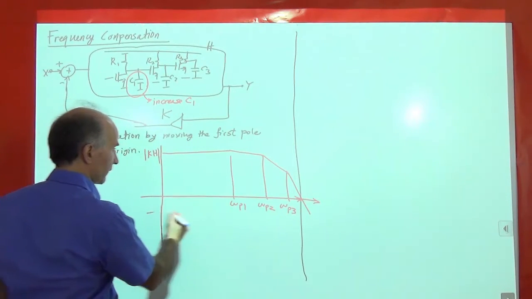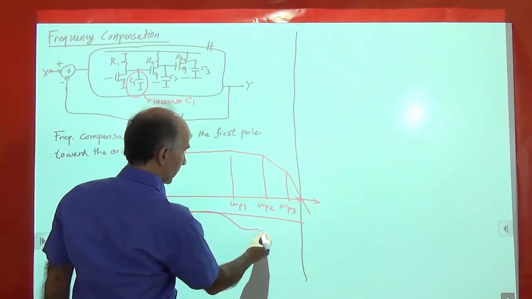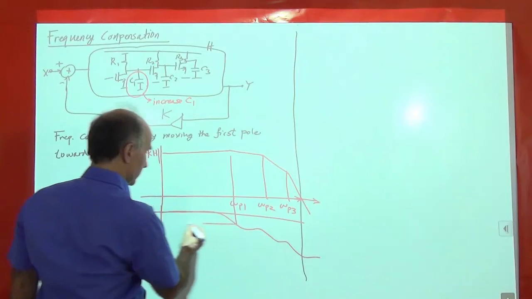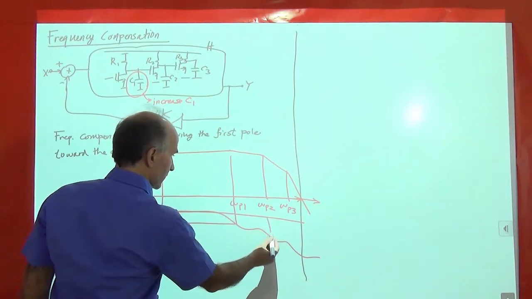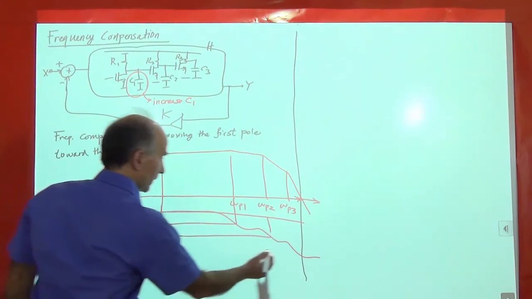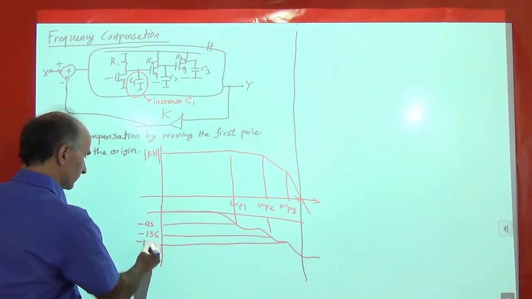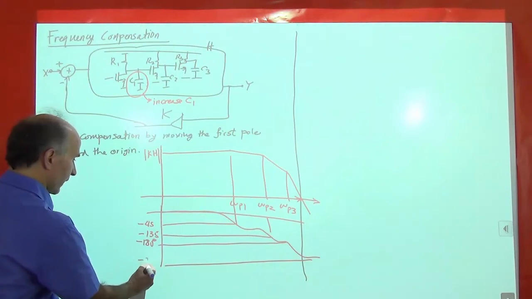And for the phase, if you remember, we have something like this: at minus 45, another minus 45, another minus 45. So this is minus 45. This is minus 135. This somewhere around here is minus 180. And then eventually it's minus 270.